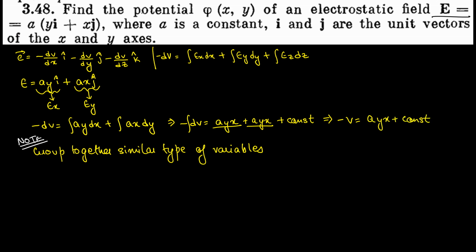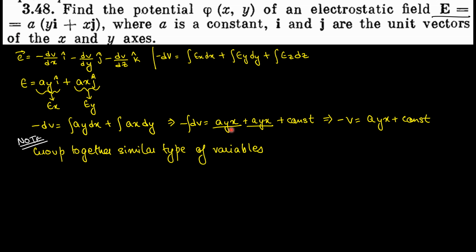And why did I do that? Whenever I integrate electric field, potential should come out. So if I differentiate this potential, the same electric field should come out, no? If you differentiate this function, you get the same thing as the given field.